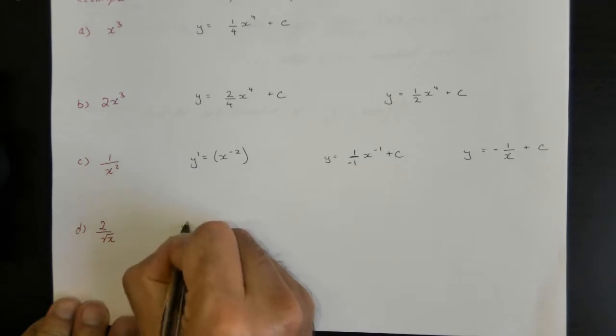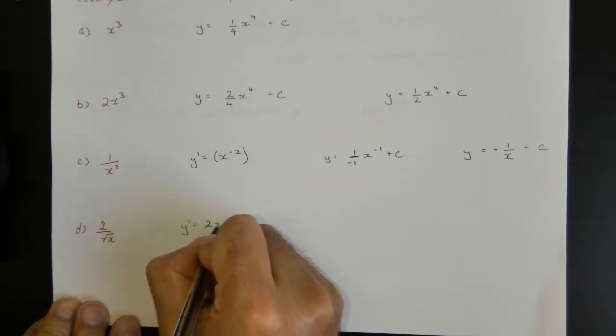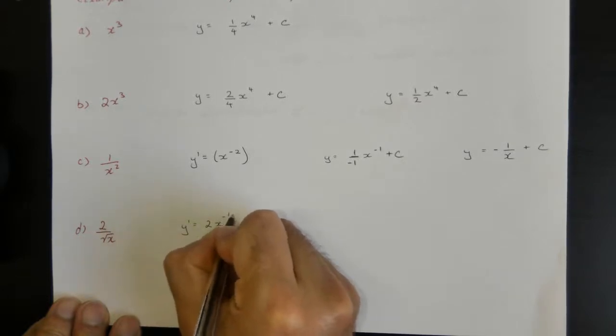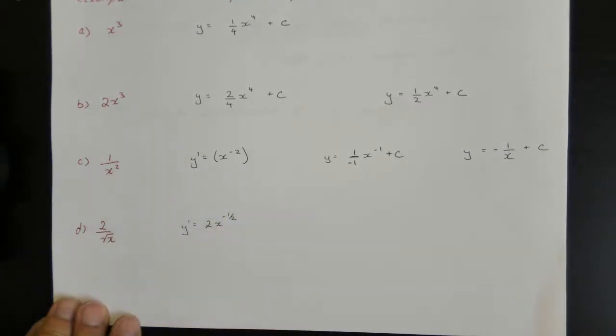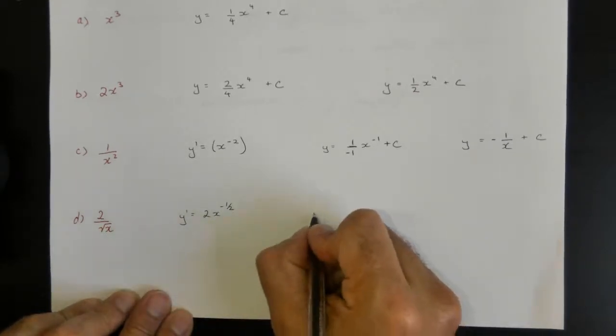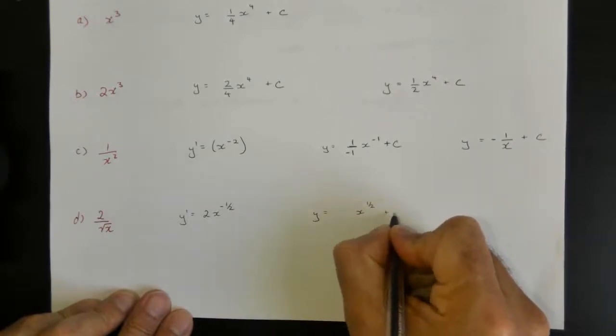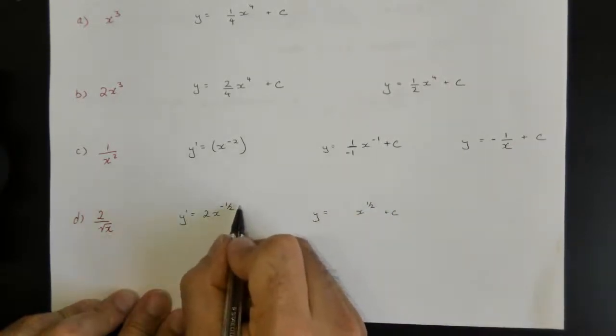So same thing here. I'm going to write it as x to the power of negative a half. So I'm going to raise that power. That becomes x to the power of a half. So I'm adding 1 to it.